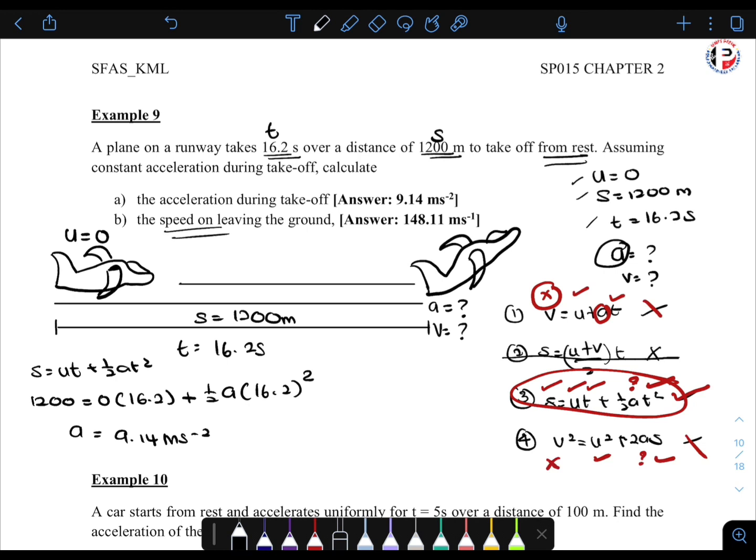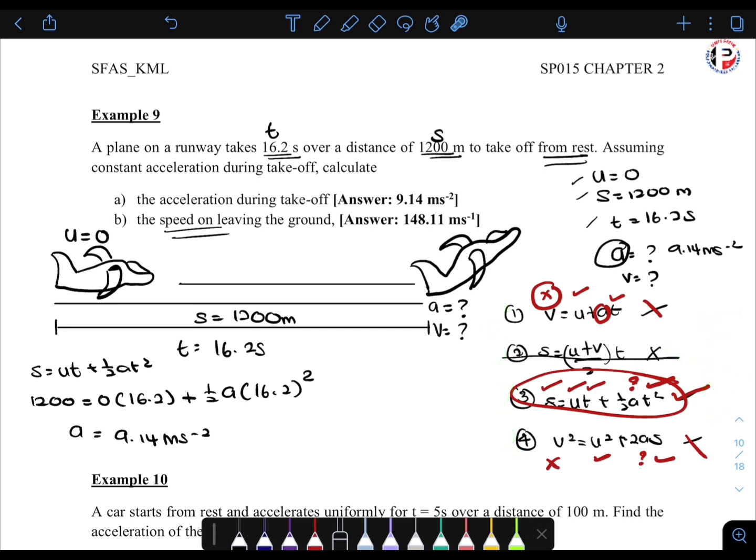And then next, the question asks to find the speed, V. Kalau kamu tengok, A kita dah ada 9.14 ms negative 2. According to all these equations, kita ada 5 term iaitu U, V, S, A, T. Based on the information from the question, U ada, S ada, T ada, A kita dah cari, tinggal V sahaja as an unknown.